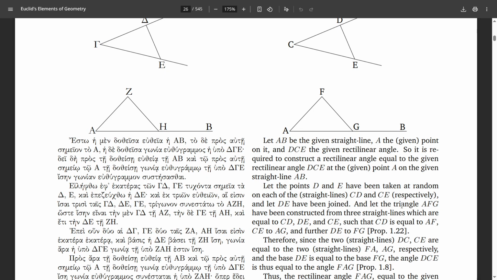Call that angle C from lines D and E. Let the points D and E have been taken at random, so I'm going to shuffle my compass to capture this angle information, then plop it down on C and draw it here.